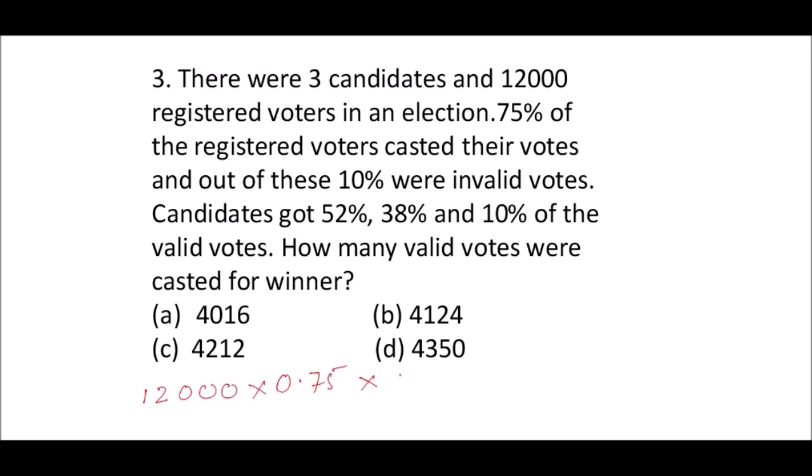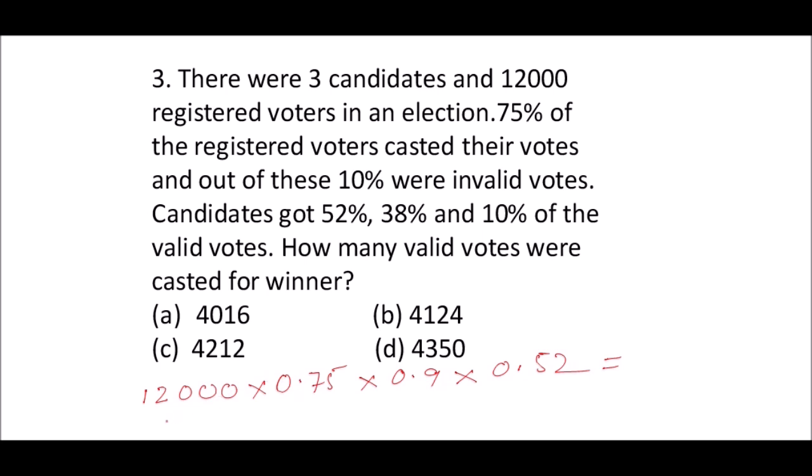Therefore, 90% were valid, so you multiply by 0.9. This multiplication together gives you the total valid votes. And out of the valid votes, the winner got 52%. Therefore, you multiply by 0.52, and this will give you the answer.